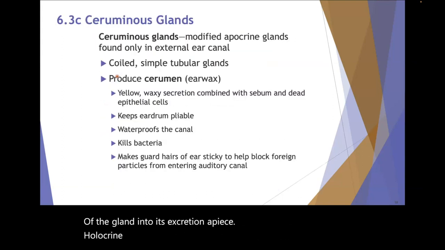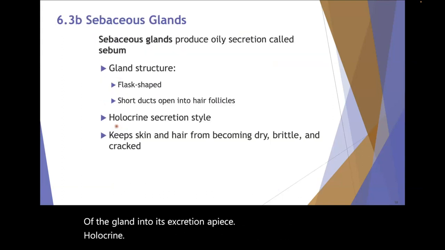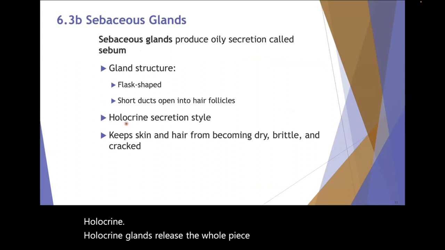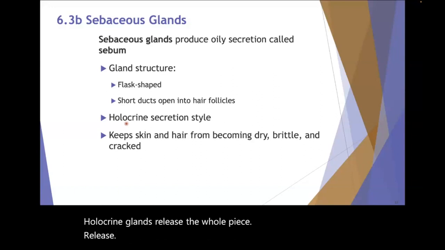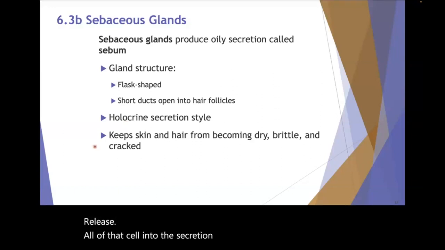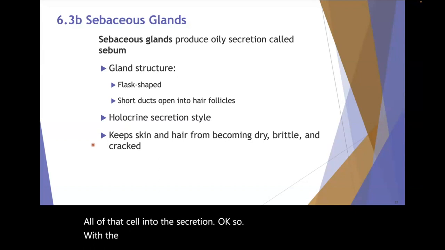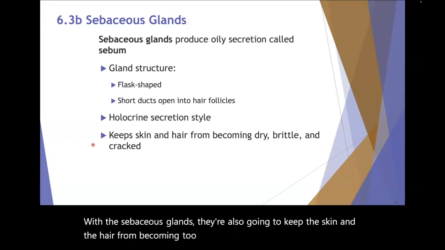Holocrine glands release the whole piece, release all of that cell into the secretion. Okay, so the sebaceous glands are also going to keep the skin and the hair from becoming too dry and brittle and cracked. So it's a protection mechanism.